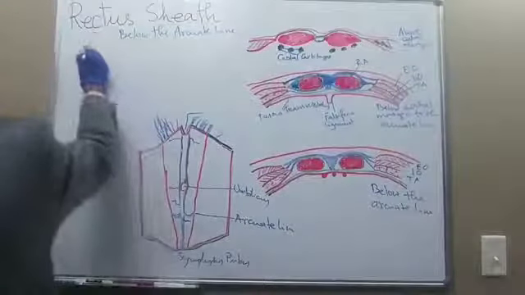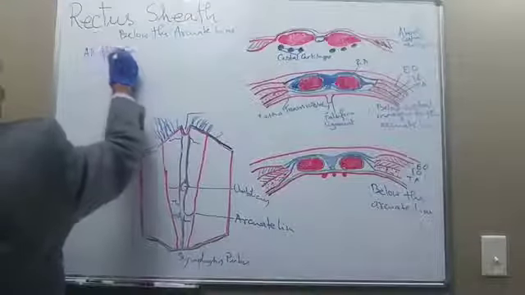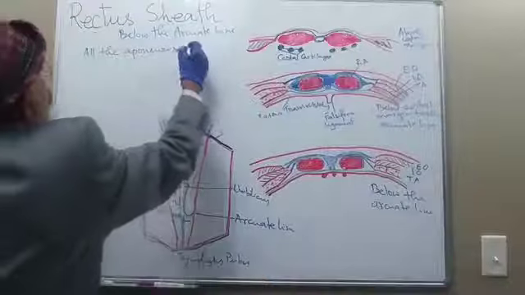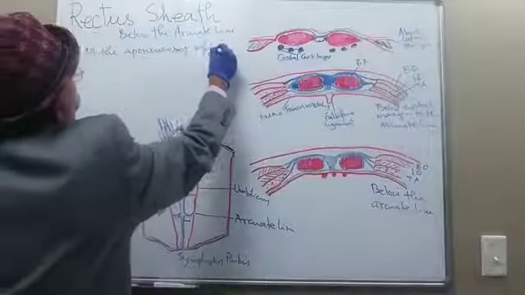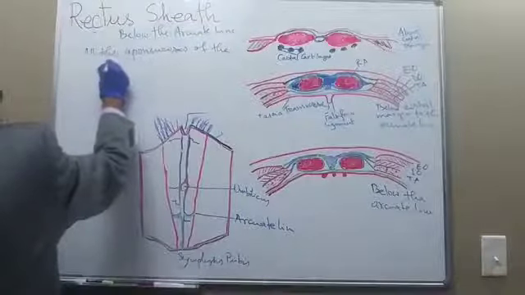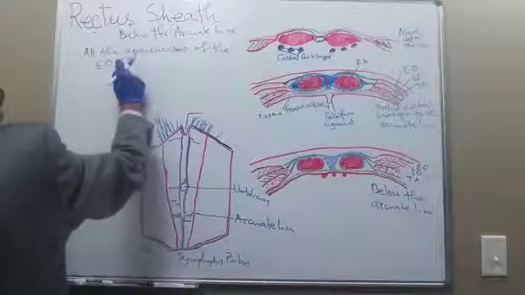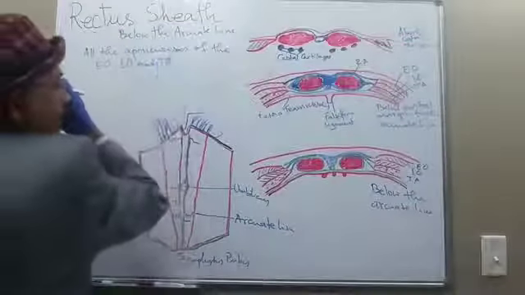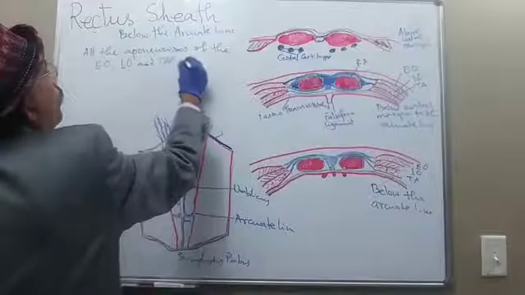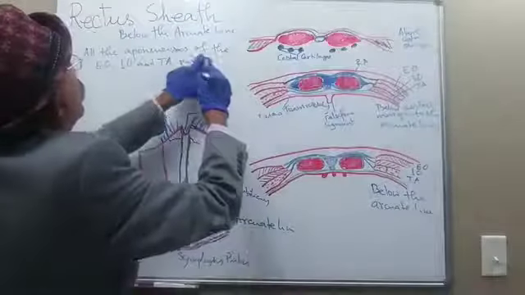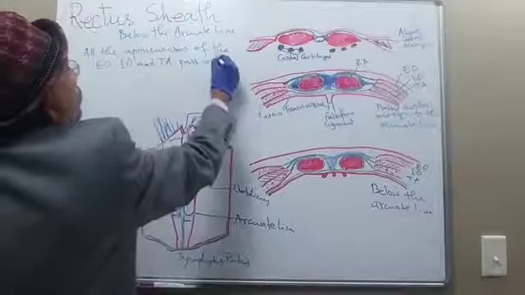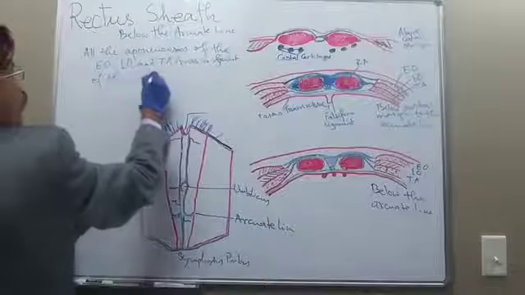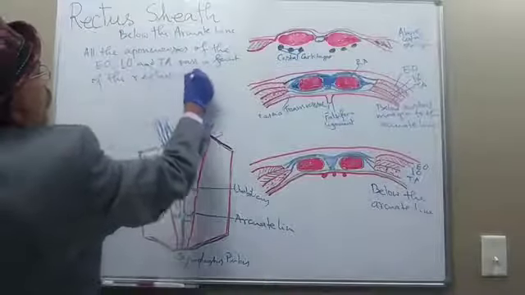Okay, all the aponeurosis of the external oblique, internal oblique and transversus abdominis, okay, they pass in front of the rectus abdominis.